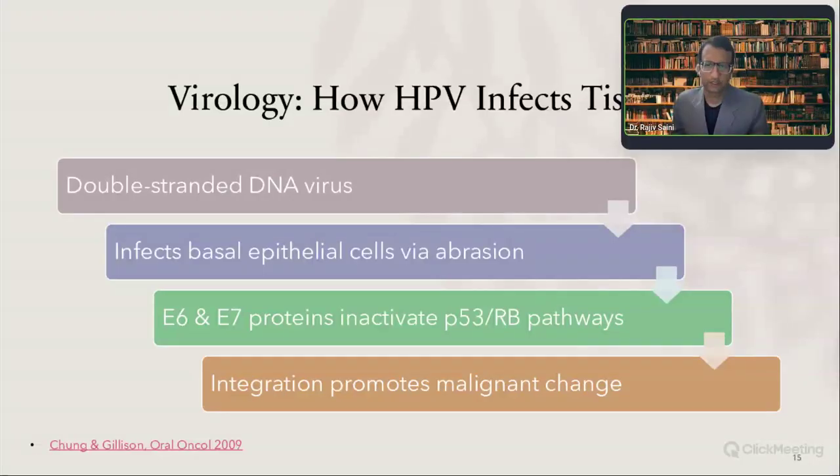With persistent infection over time, these unchecked cellular changes can progress to malignancy. This is the reason the two proteins produced by HPV infection, E6 and E7, targeting p53 and retinoblastoma consistently over a period of time can lead to malignant transformation.